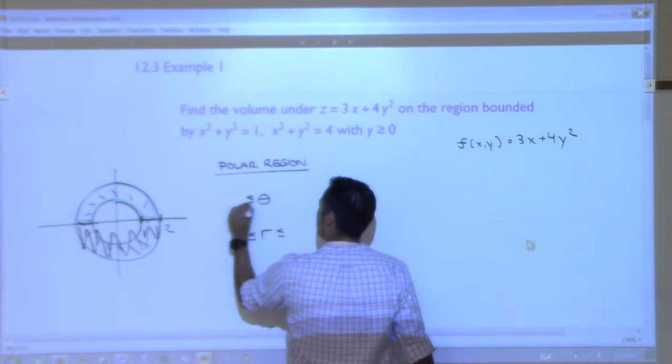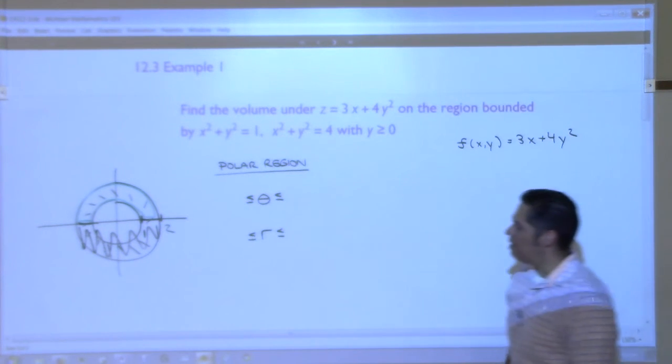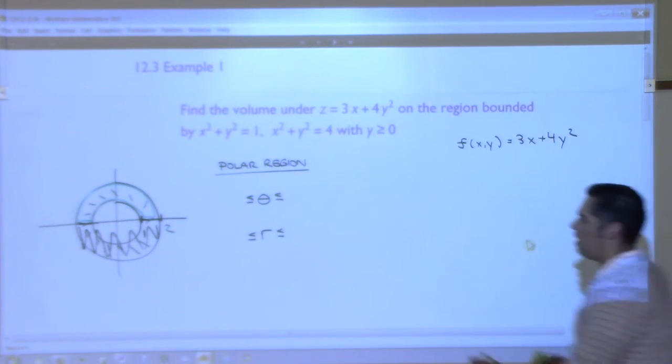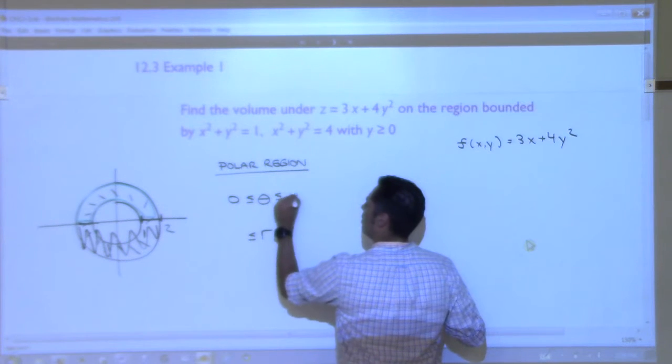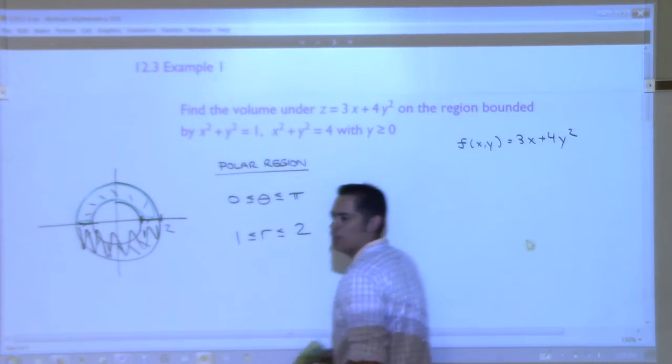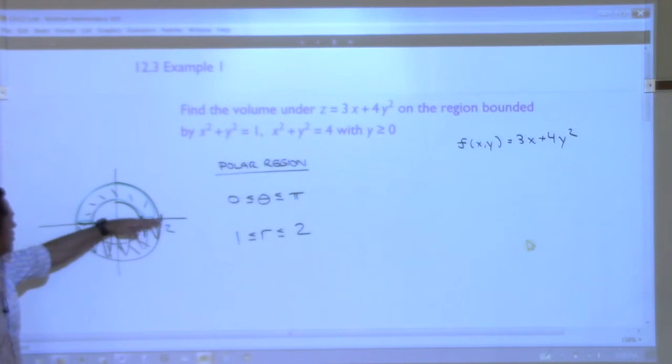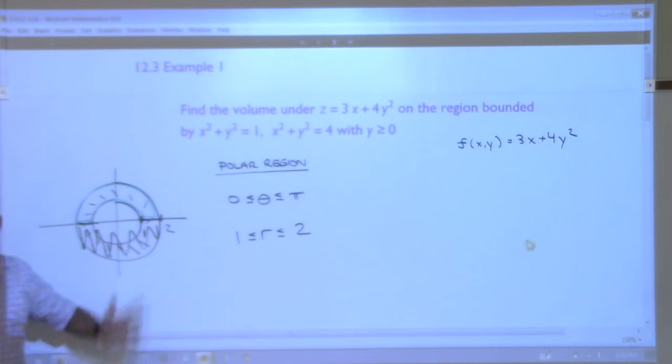Those are the important things here. So what are my restrictions on theta and on r? 0 to pi and 1 to 2. So simple to define this region in polar coordinates. 0 to pi, 1 to 2, and we're done.